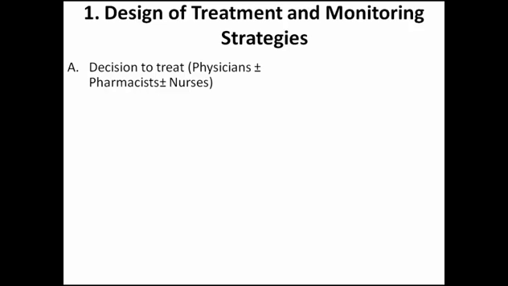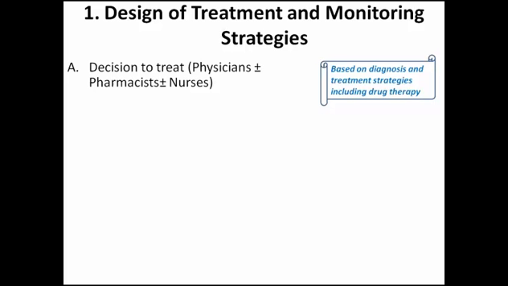First of all, once a decision is made to treat a patient, and this is a group decision, and sometimes it happens by the physician on his or her own without the pharmacist being available, then drug and dosage selections are made based on the diagnosis and the goal of therapy.